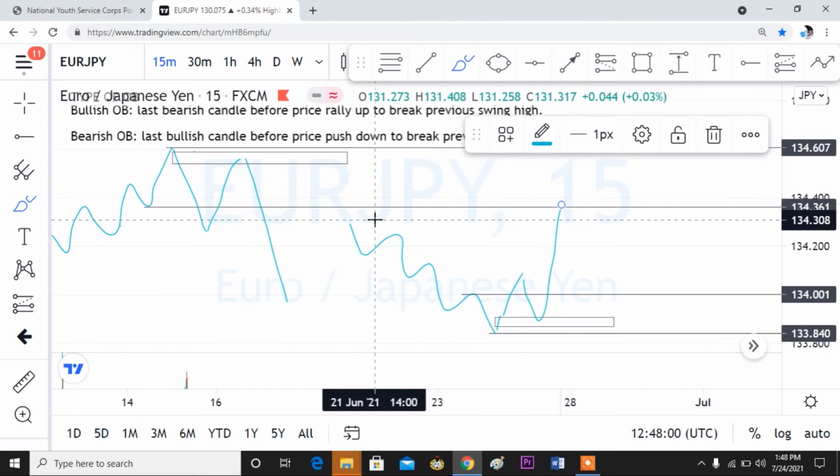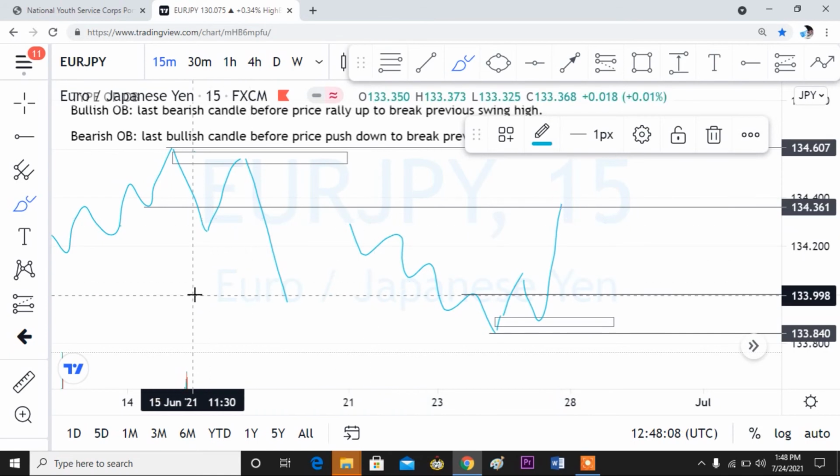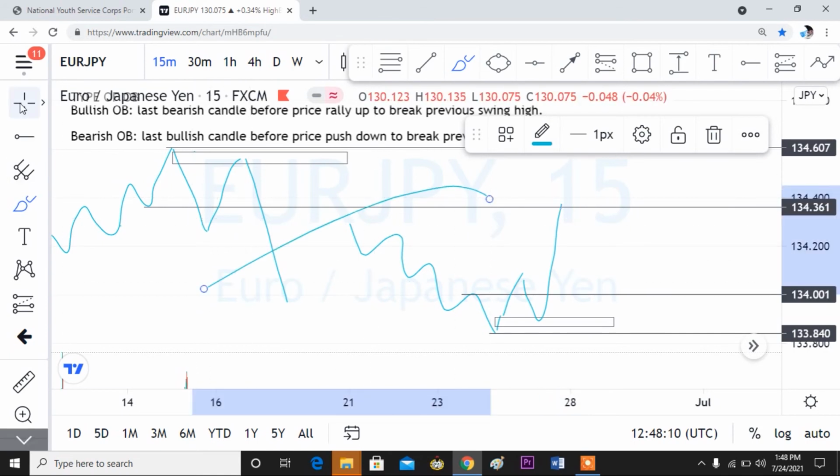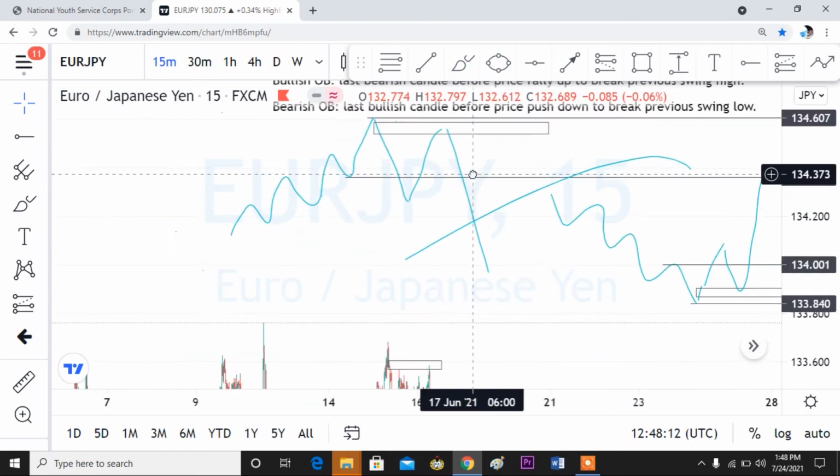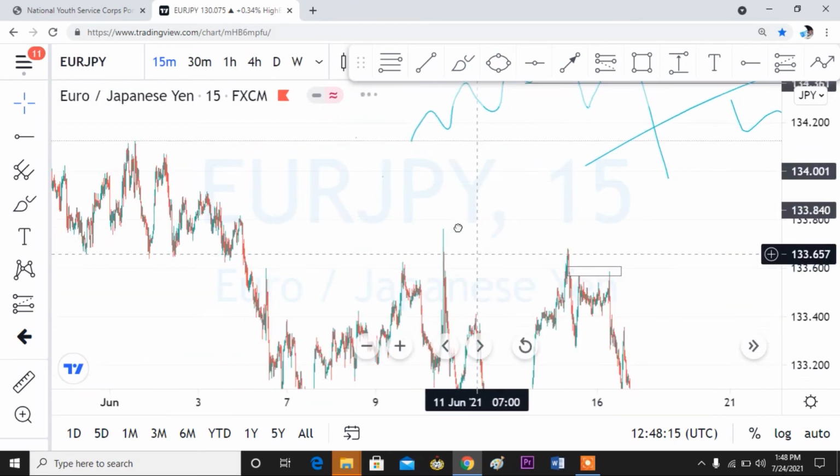Now let's go to the real time chart and look for these bearish order blocks and bullish order blocks. So let's just make use of EJ rather.